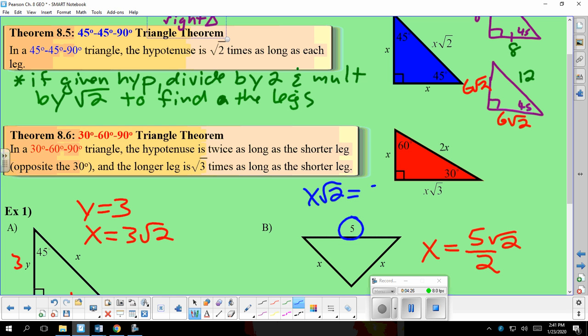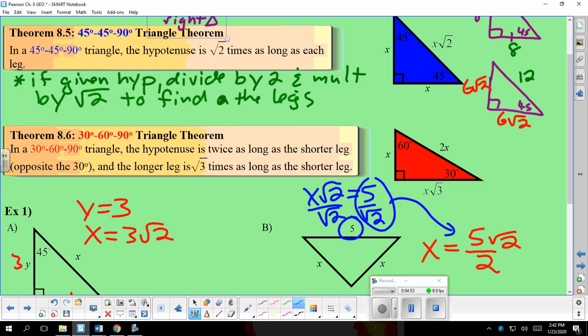And then if I solve for x, I get 5 over the square root of 2. And if I rationalize it, I end up with that. So it saves you a step if you can remember that simple rule. If you're given the hypotenuse of a 45, 45, 90 triangle, to find the length of one of the legs, divide by 2, multiply by the square root of 2.